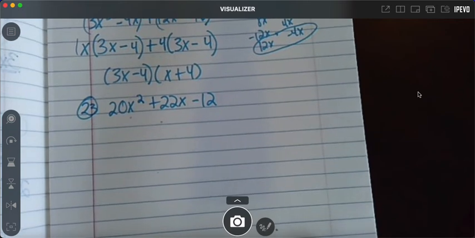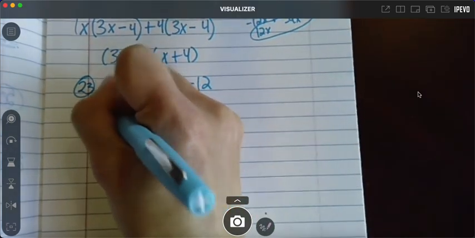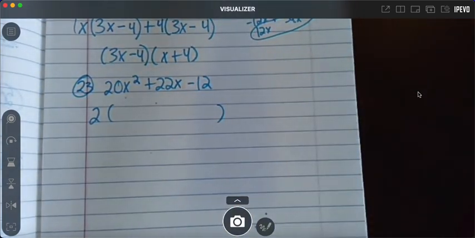All right, on this one, there's a number out front, but I'm going to have to use granny glasses. Does everybody see that? But it's big numbers, right? Is there anything that I could factor out to make all those smaller? Like, is there a number that goes into all those? 2. And that's 4 almost, but it doesn't go into what? The 22. So watch, if I factor out this 2, that means let's divide everything by 2.